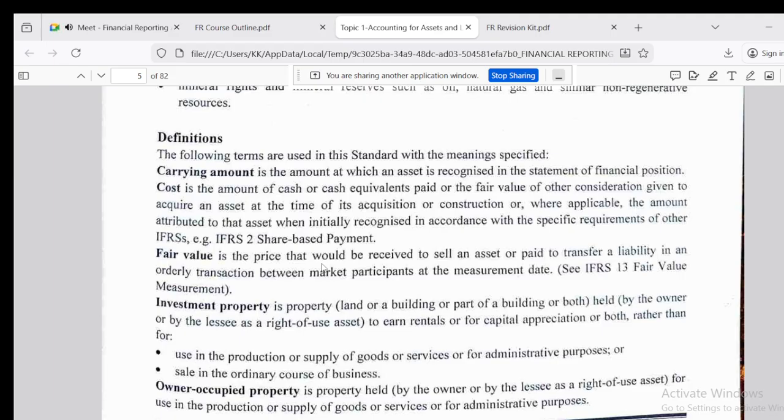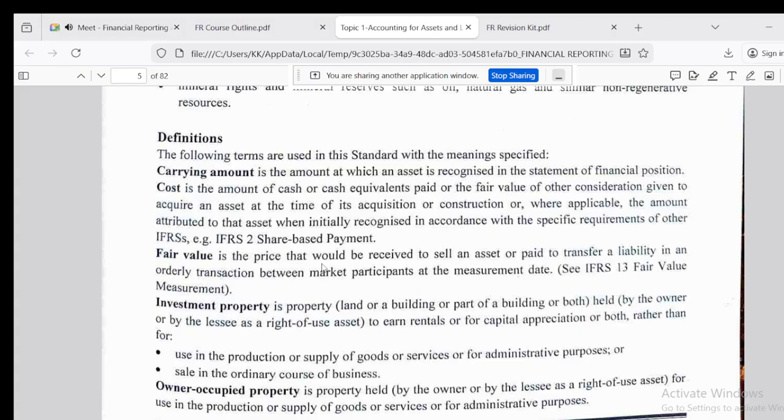So you can say it is the price that will be received to sell an asset or paid to transfer a liability in an orderly transaction between market participants at the measurement date.